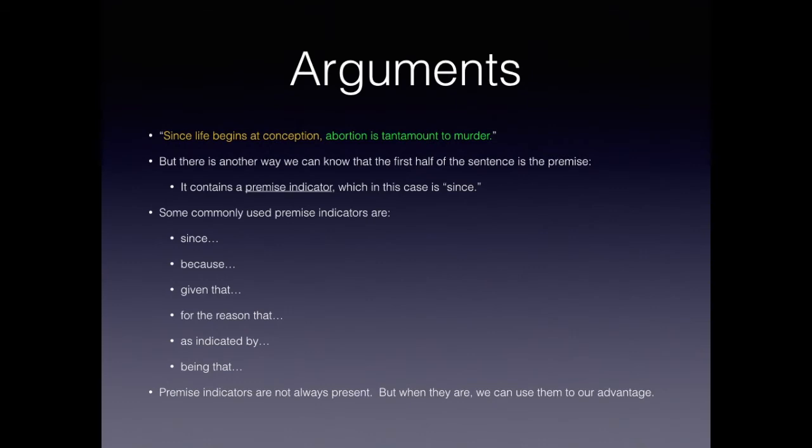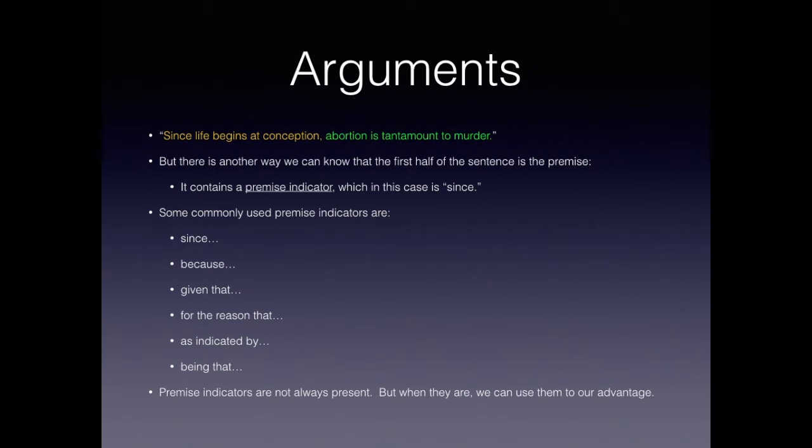And here there's another indicator word, "since," right? So you know life begins at conception is the premise. And here's an example, by the way, of what I was saying where you don't want to rely on indicator words in a way that's incomplete, because A, it might make you think this is one claim, and B, as a result of that, you might think that the stuff after the comma is still part of the premise.